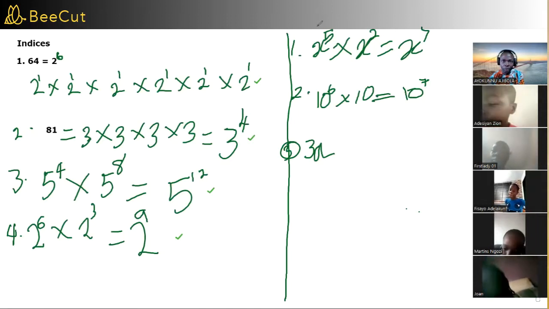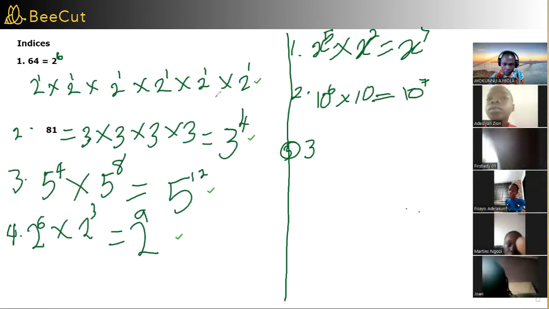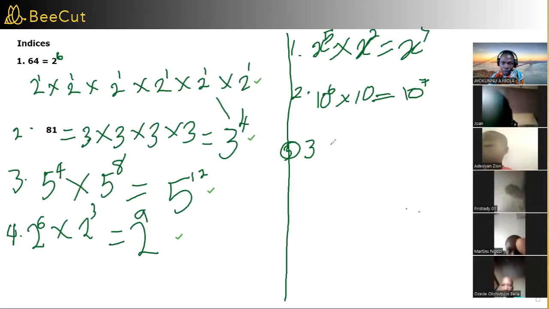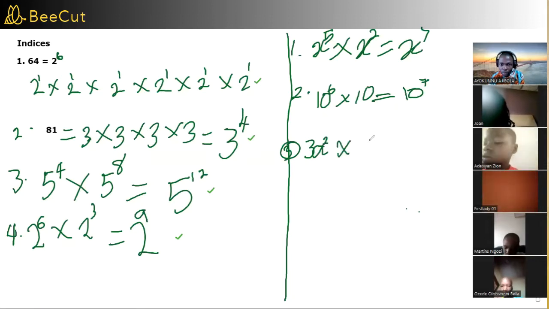If I have 3A raised to power 2 times 4A raised to power 3, what will be the answer, Bella?